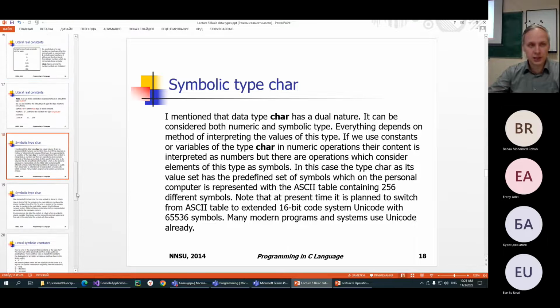The characters are represented in the form of a table. The first column of this table is a code of the symbol, and the second column corresponds to the symbol.